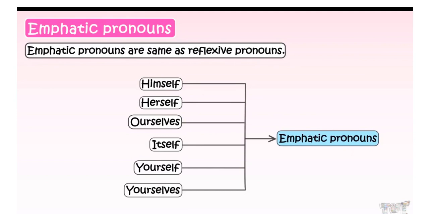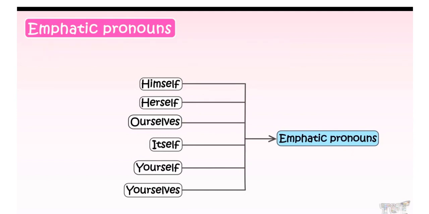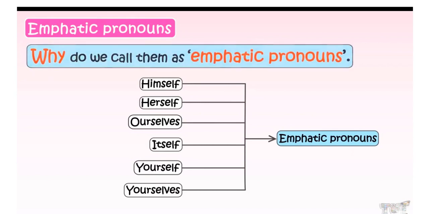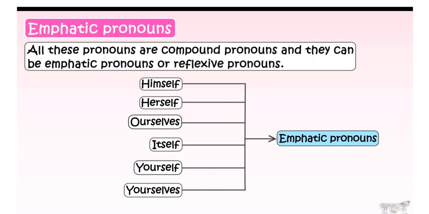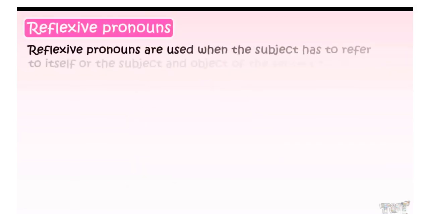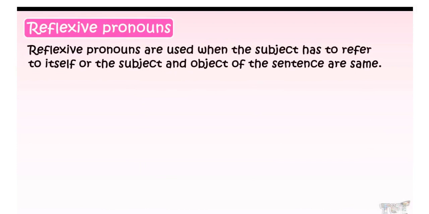Why do we call them emphatic pronouns? All these pronouns are compound pronouns, and they can be emphatic pronouns or reflexive pronouns, depending on the role they play in the sentence. We will learn in the next example. Reflexive pronouns are used when the subject refers to itself, or the subject and the object of the sentence are the same. He bought a watch for himself.